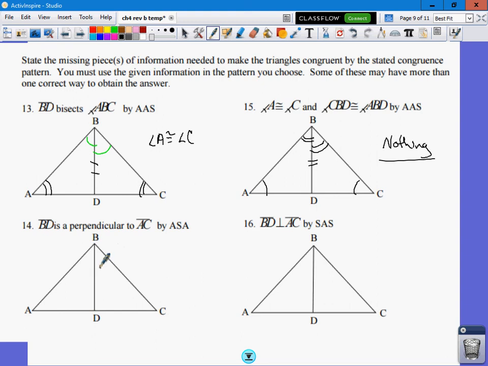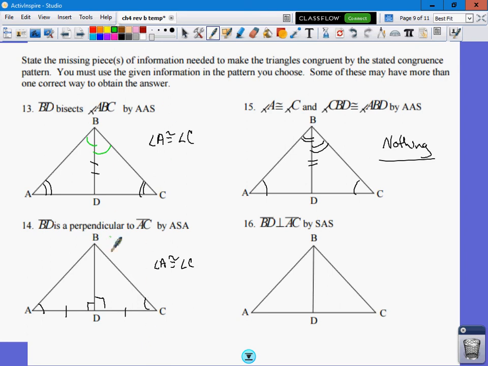Number 14, BD is a perpendicular bisector. If it's a perpendicular bisector, not only is it going to make the right angles, it's going to cut AC completely in half, or into two equal pieces. They want me to use angle side angle. There's a side, so I could state that angle A is congruent to angle C. That would be one method.